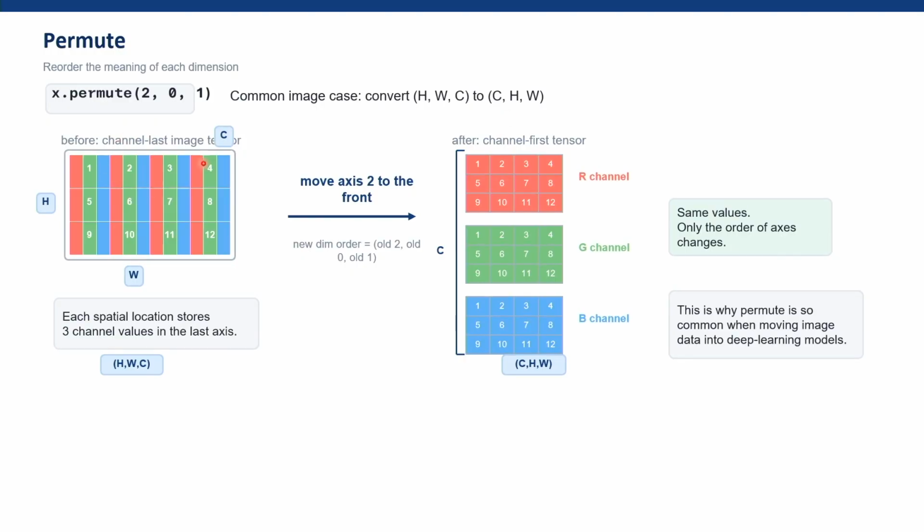So, by this permutation, HWC is becoming CHW, where we have the channels first, and then H by W tensors. My C means how many such channels there will be. So this is how we are reshaping or permuting the tensors.